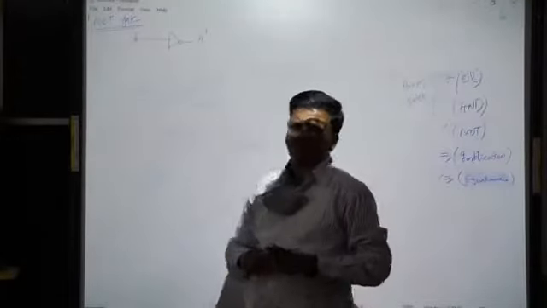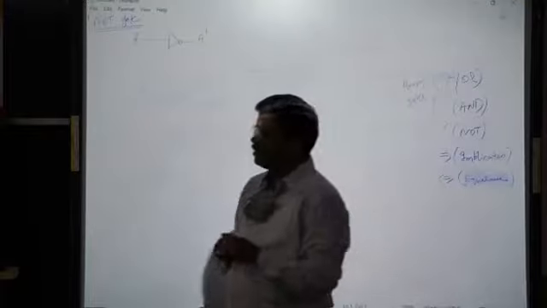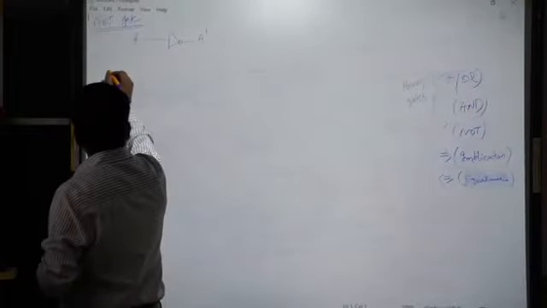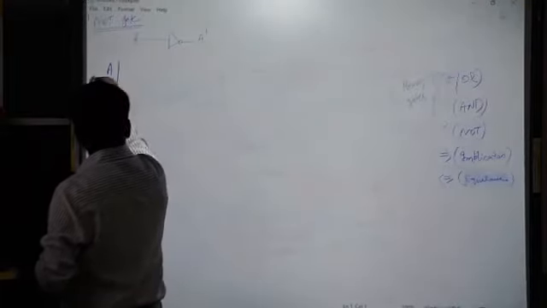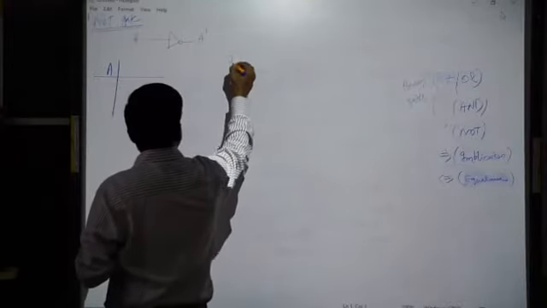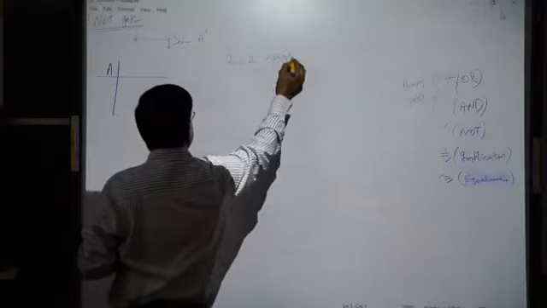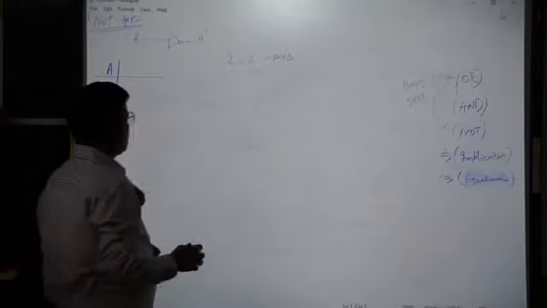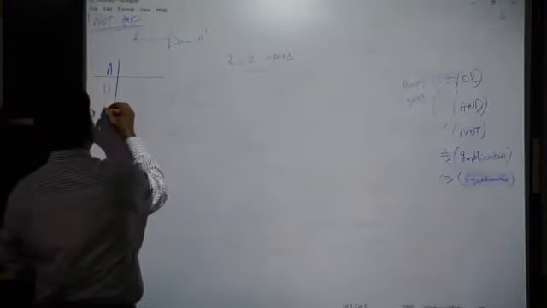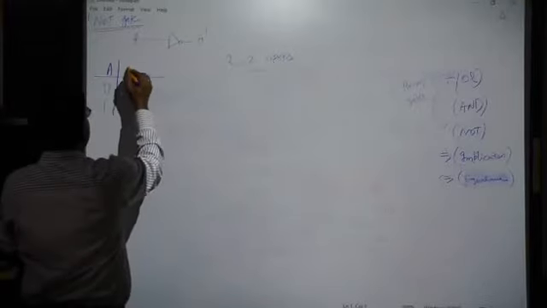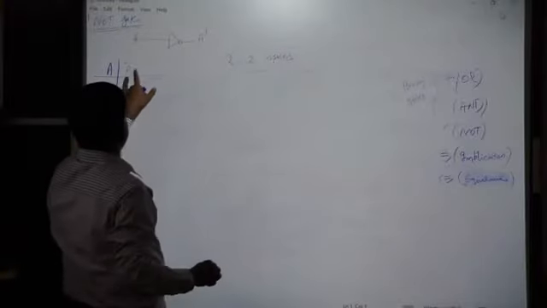I will draw the truth table for you. Quite simple. Other day I taught you, if you have one variable, 2 to the power of 1 is what? 2 inputs will be there. What do you get? It will be 0 and 1. If this is A, what would be A complement? A complement can be written like this.